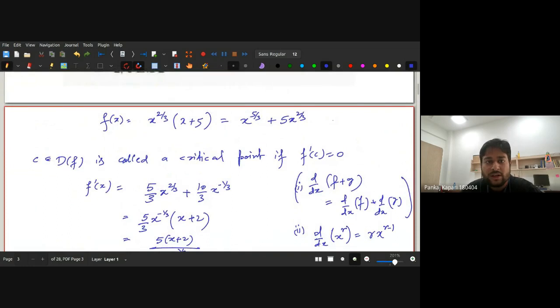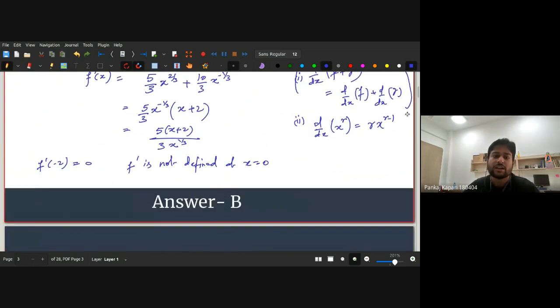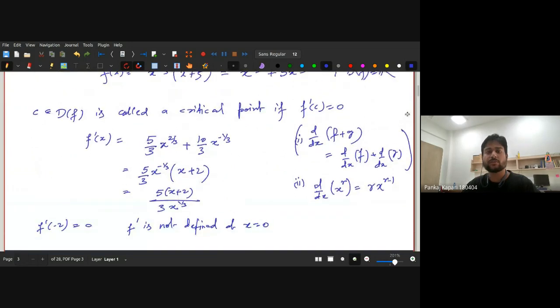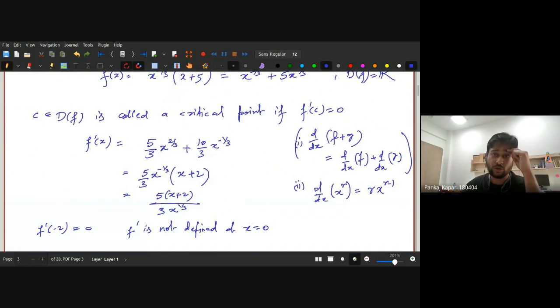But the given function is defined everywhere, so its domain is the whole real line. So what are the critical points? The critical points are those points where either the derivative is not defined or the derivative becomes 0. So c is called a critical point if either f prime of c is 0 or the derivative is not defined.